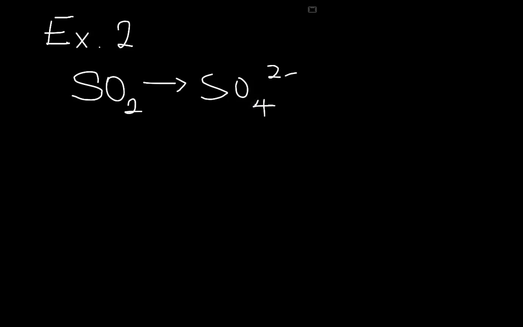We have 4 oxygen here, but we have only 2 oxygen here. So we need to add 2 more oxygen to balance this. So we'll add water, so we'll add 2 water.